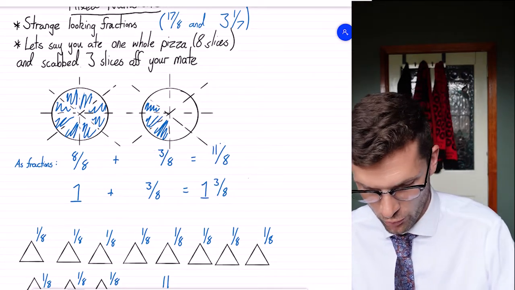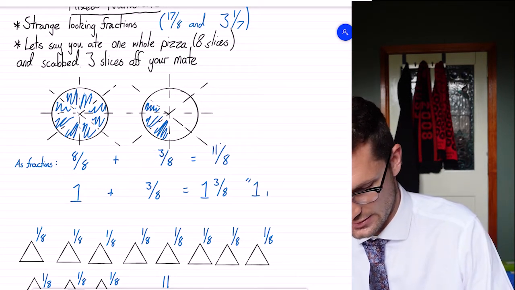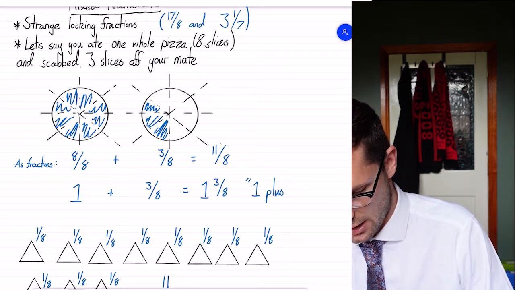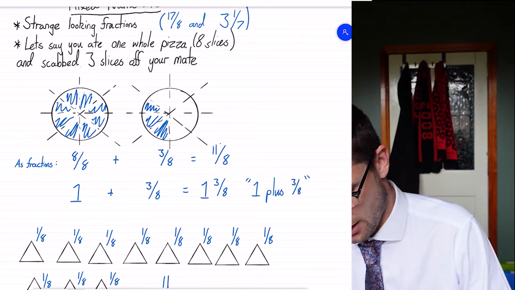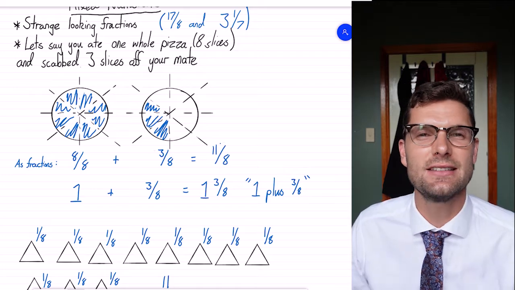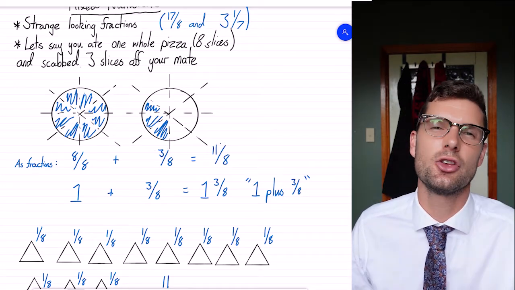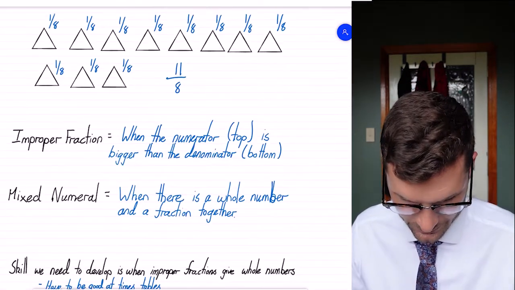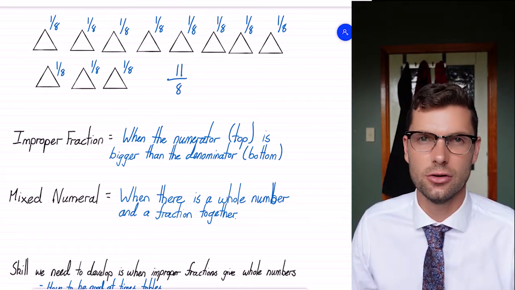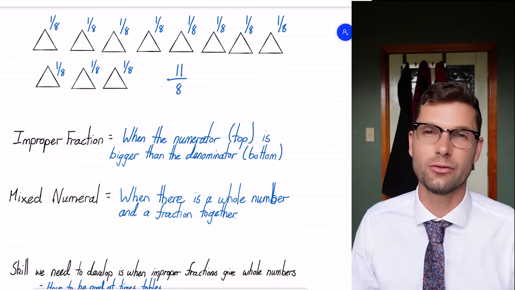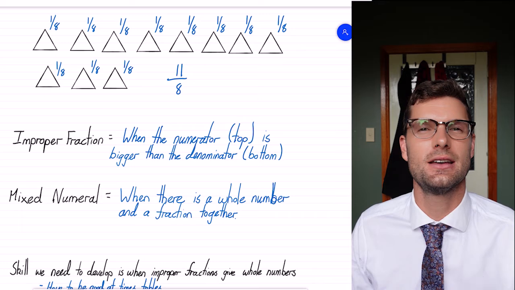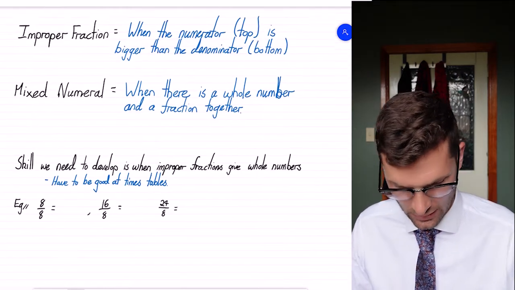Okay, so what we're really saying is that it is 1 plus 3 over 8. But because mathematicians are lazy, we're not going to write that plus in. You can just ignore it. Okay, so a mixed numeral is when we've got a whole number and a fraction together at the same time.